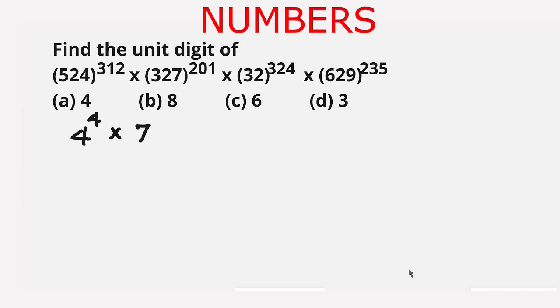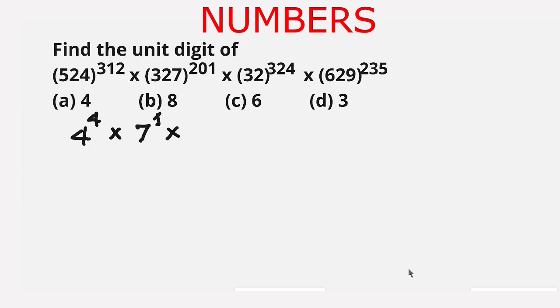So we write 7 to the power 1, as we know that 4 divides 200 for 50 times and 201 minus 200 is 1, multiplied by 32 to the power 324.